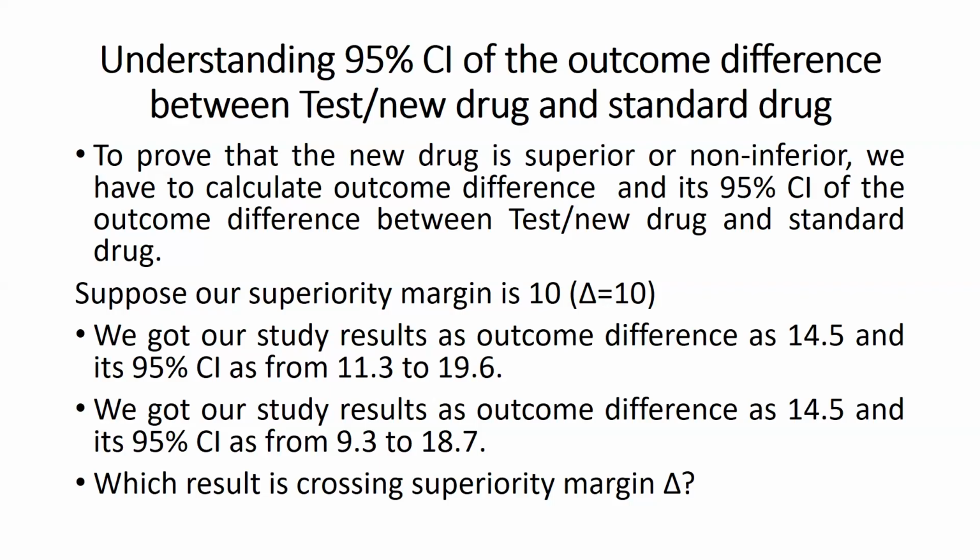Please see this. This is one scenario. Or in scenario number two, we got the outcome difference as 14.5, and its 95% CI is from 9.3 to 18.7.